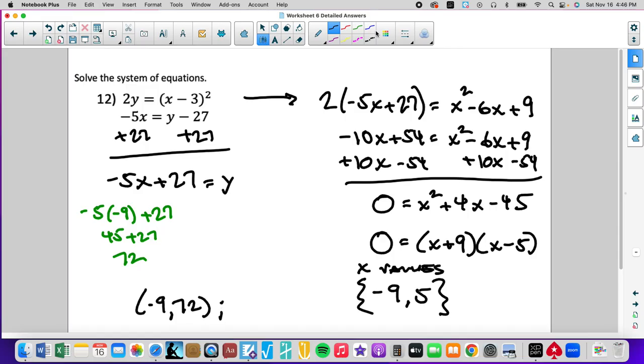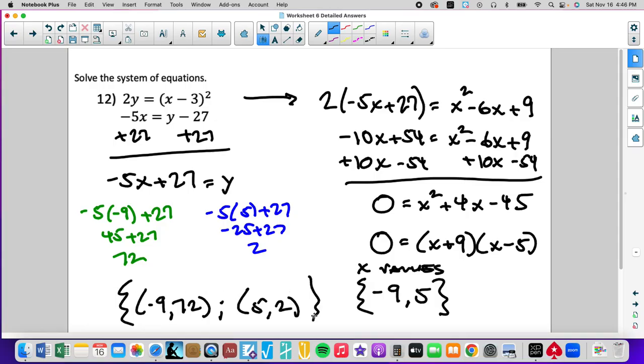And the other solution is negative 5 times 5 plus 27, which is negative 25 plus 27, which is 2. So my other coordinate is 5, 2. Those are my two solutions to the system. That makes sense because this is a parabola and this is linear, so we'll have two solutions.